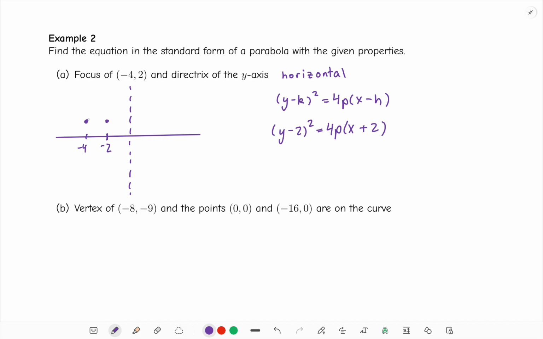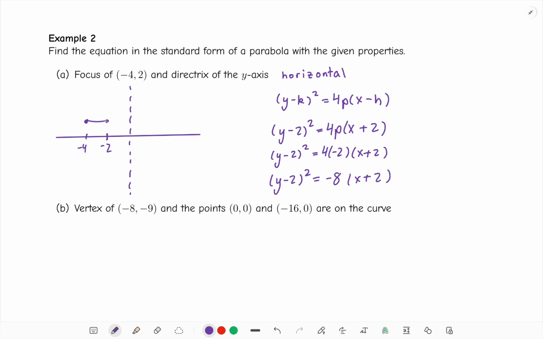And then finally, p is the distance between these, which is 2, but since it's going to the left, it's -2. So we get (y minus 2) squared equals 4 times -2(x plus 2), or (y minus 2) squared equals -8(x plus 2).